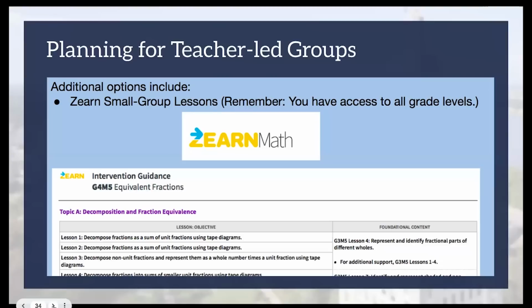So for those students, when we were in lessons 1, 2, and 3, and we noticed that there were some misconceptions, some misunderstandings that students had, notice that Zern tells us that for those students who need that additional support, we're going to go to grade 3, Mission 5, Lesson 4.